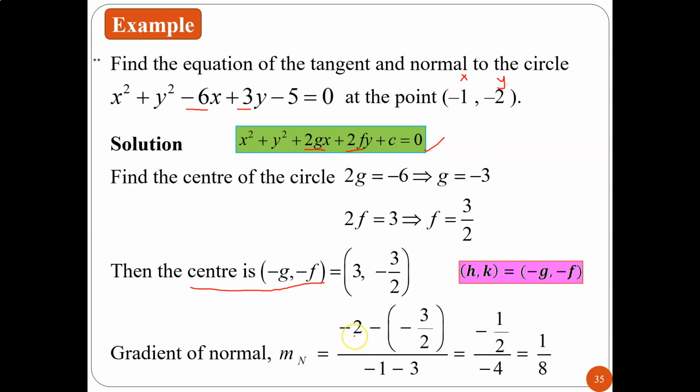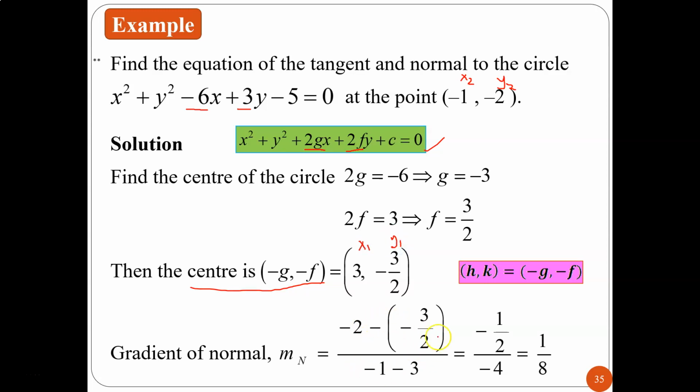So this is y2 minus y1, your y1, this one. And this is x2, y2, and this is x1 and y1.